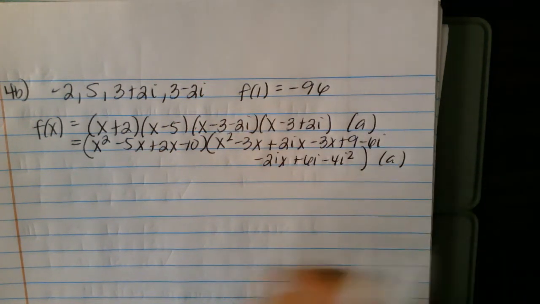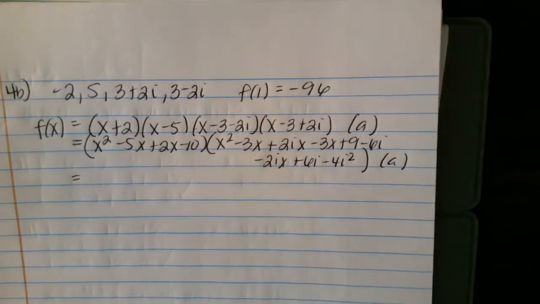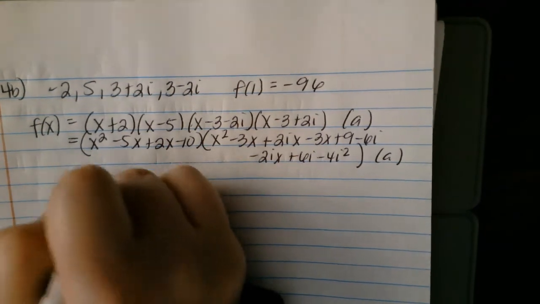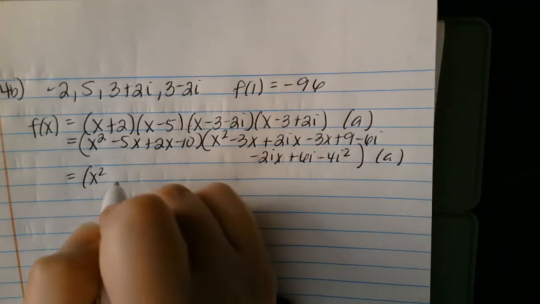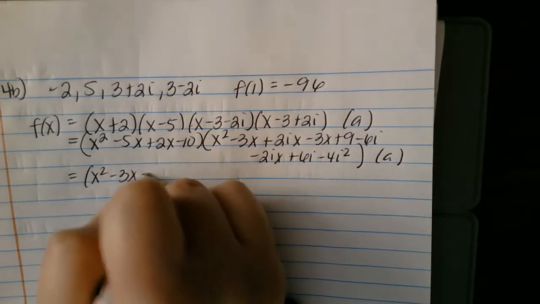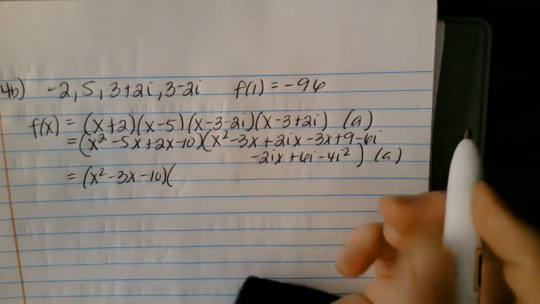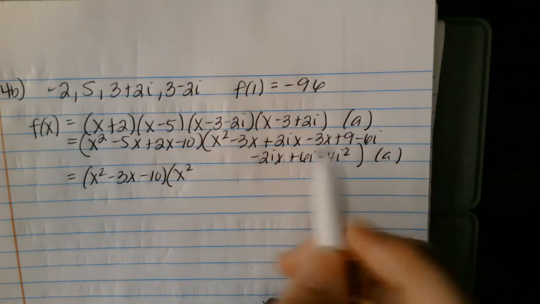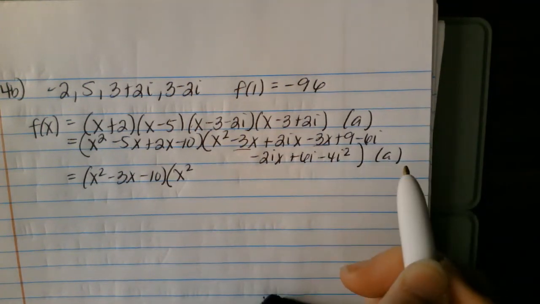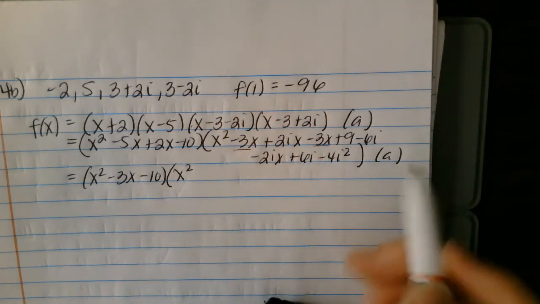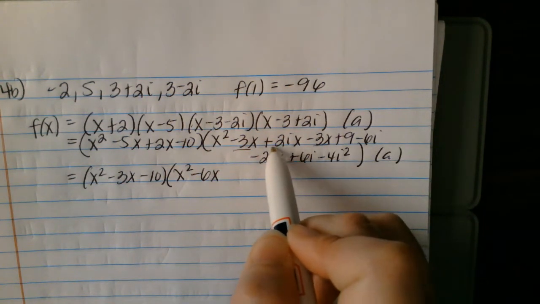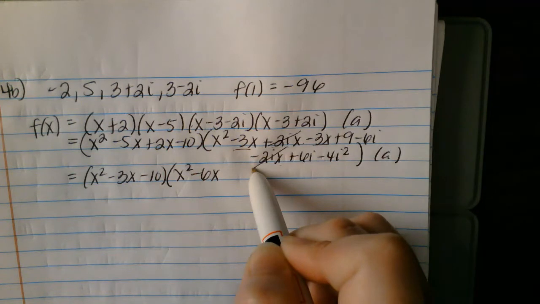Okay, simplifying everything, I have x squared, negative 5 plus 2, negative 3x, minus 10. So we have 1x squared. Now we have negative 3x minus 3x gives me negative 6x. Now we have plus 2i minus 2i, so these cancel.